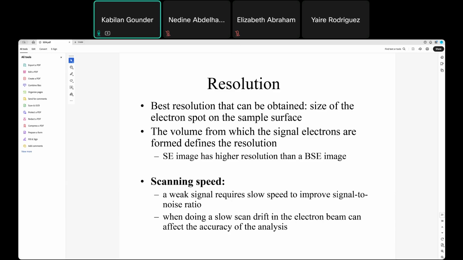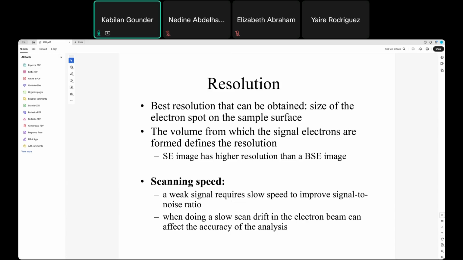Another important factor is the scanning speed. So vacuum is important, the resolution is important, and the scanning speed. The scanning speed means how fast the electrons strike the sample and how fast they bounce back.